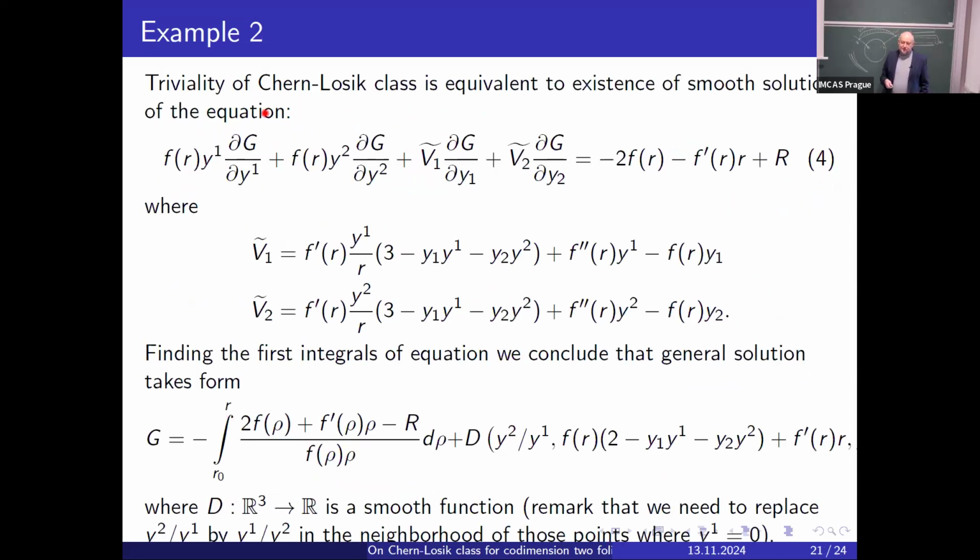And what we have in this case, again, is that triviality of the Chern-Losik class is equivalent to this equation. This is an equation of the same type with the vector fields. Now general theory says that we have something like this: G is this integral plus some smooth function of y2 divided by y1.